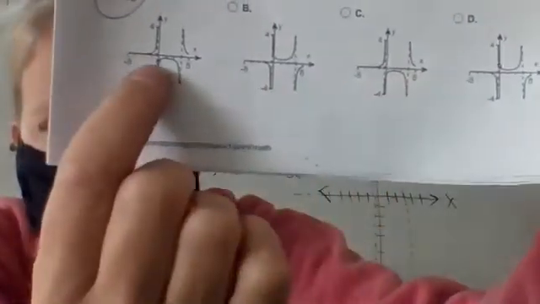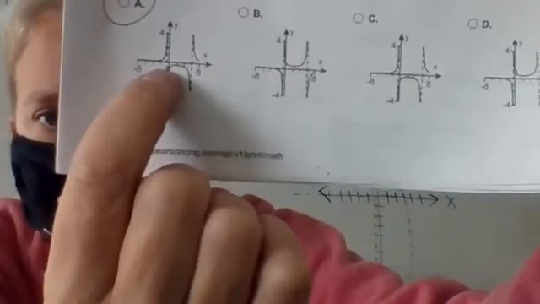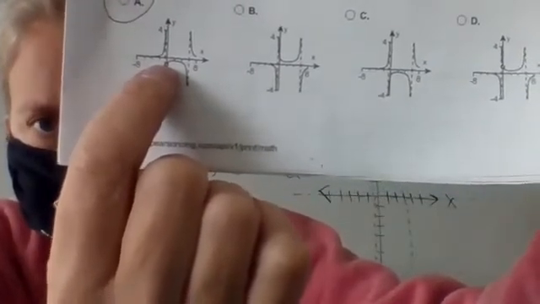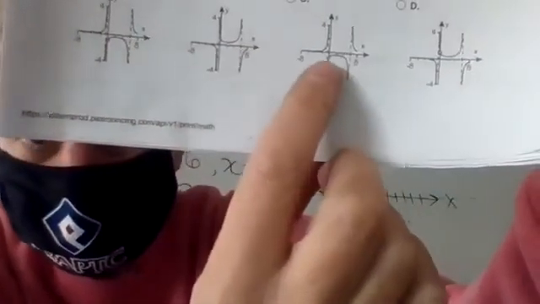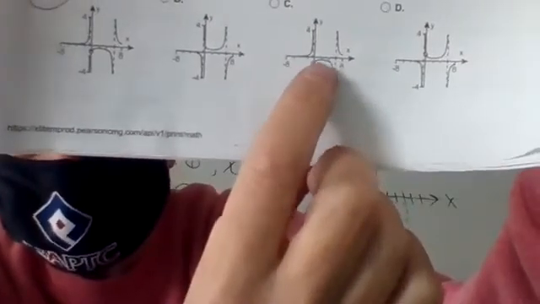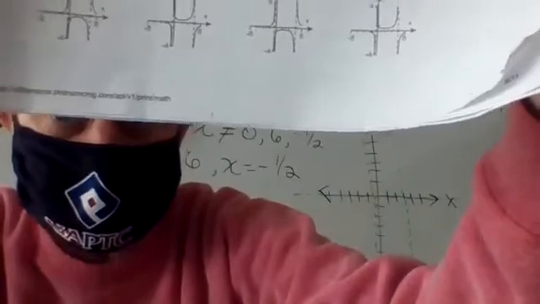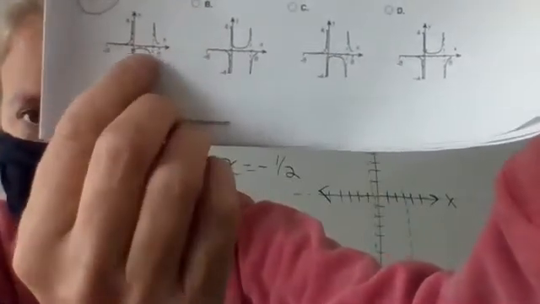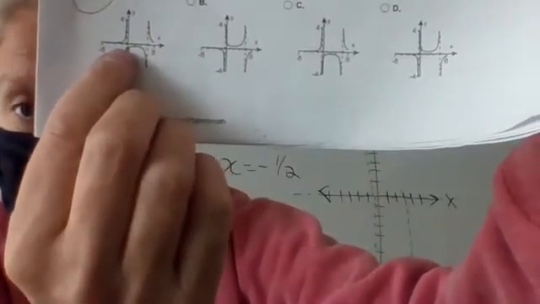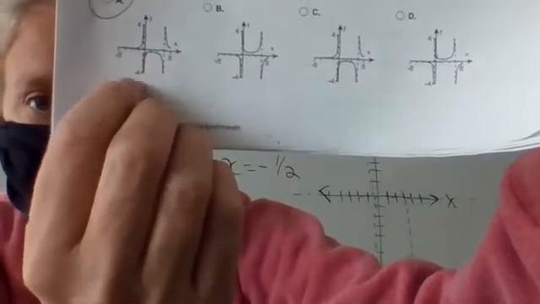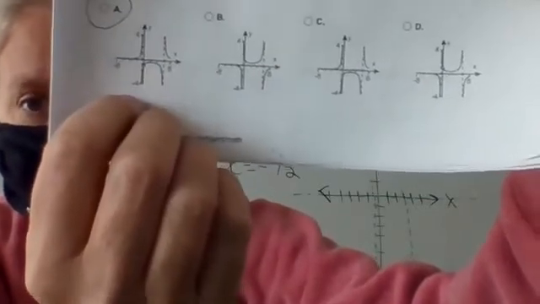The only thing that is different is that little bitty hole right here. What does this one do instead of having that hole? It crosses through the y-axis, doesn't it? Instead of going to the y-axis, making a hole, not touching the y-axis, and then going through it.